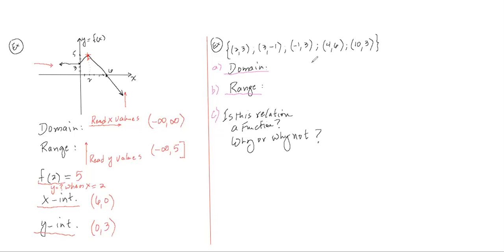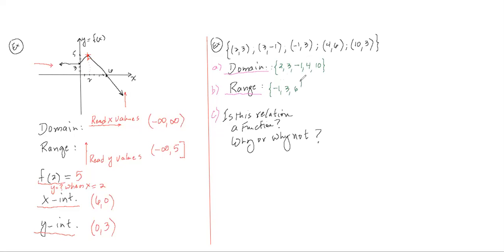Okay. Can you tell me what the list of domain is, please? 2, 3, -1, 4, and 10. Great. What about the range? -1, 3, and 6.